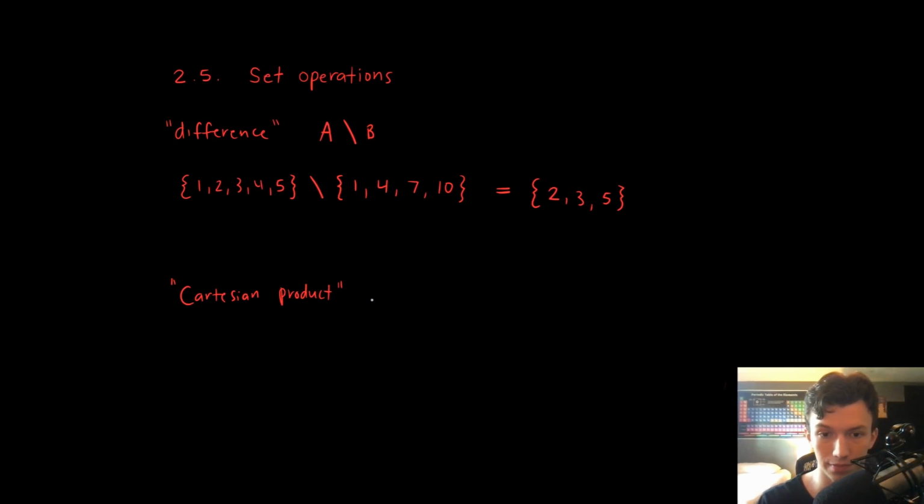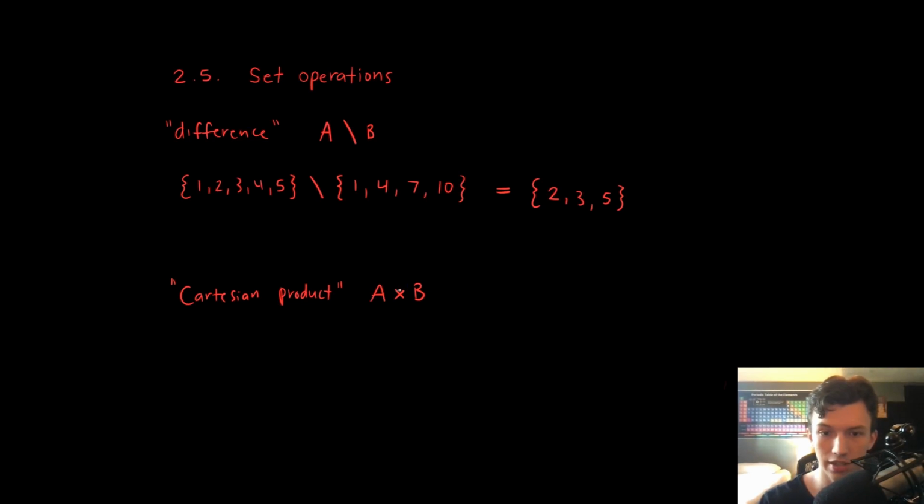Okay. The last operation that I want to look at is the Cartesian product, okay? So this is written as A times B. I'm going to write down the definition of it.